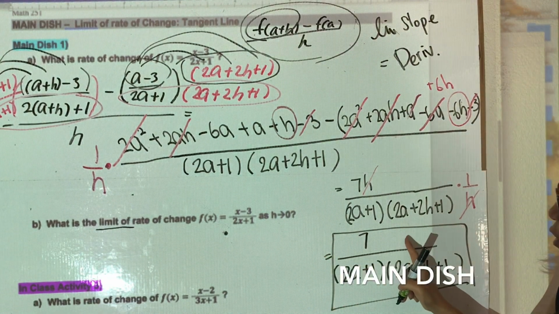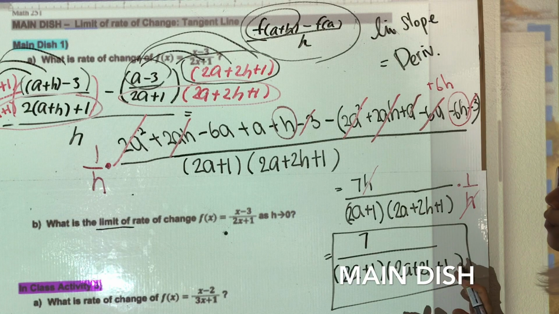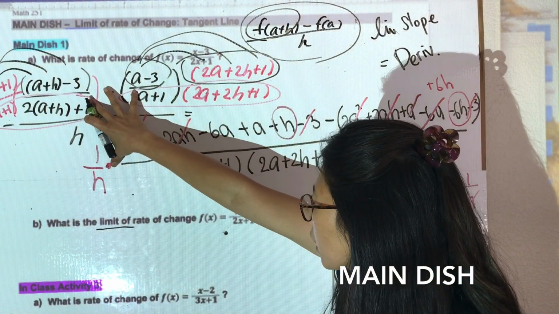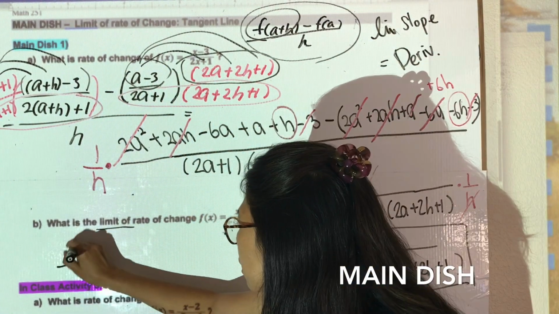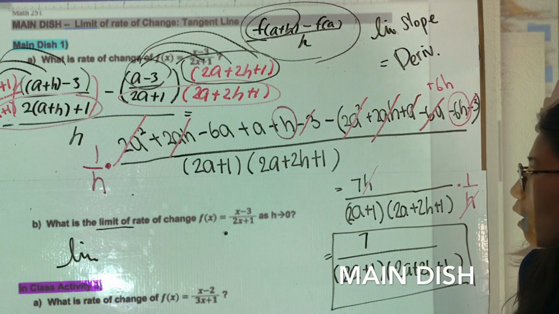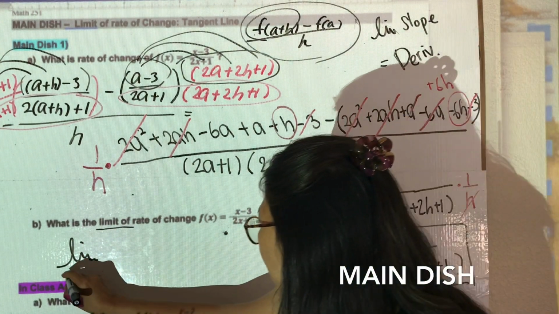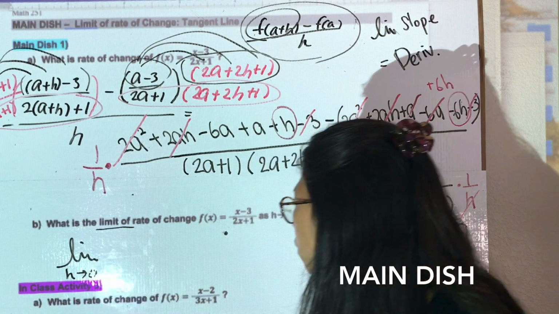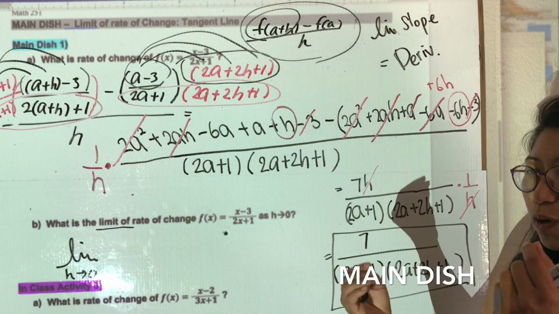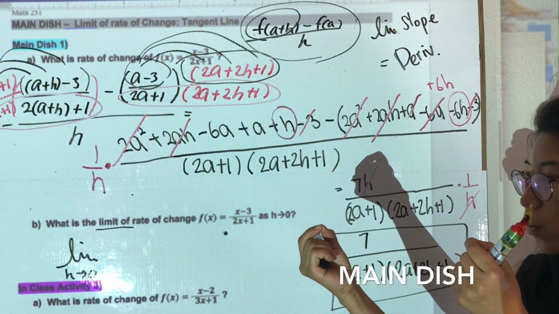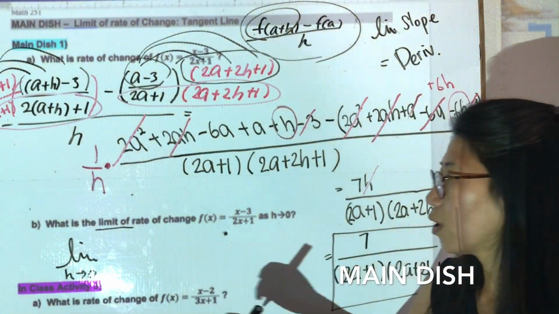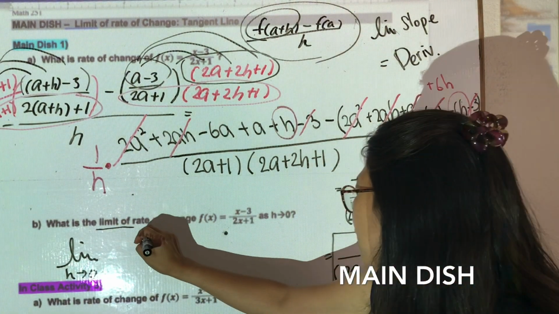So I had my simplified version of my rate of change. Then let's take a limit, and now I want to take h goes to 0. That means I want to try to make the two-point gap smaller. So wait for the next section.